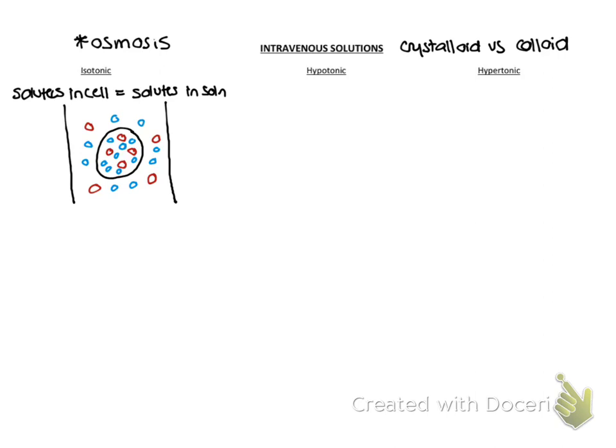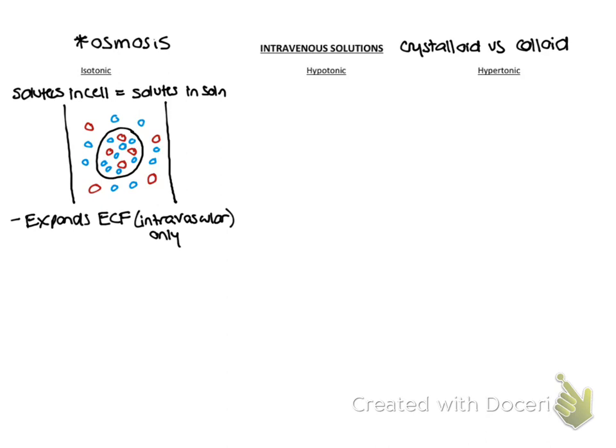So is any water going to be moving in and out of the cell? No, because we have balance. We have homeostasis, okay? So we don't affect the intracellular fluid at all. Intracellular is inside this circle, okay?